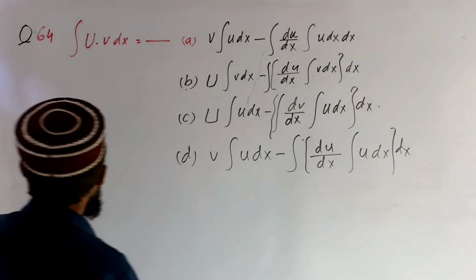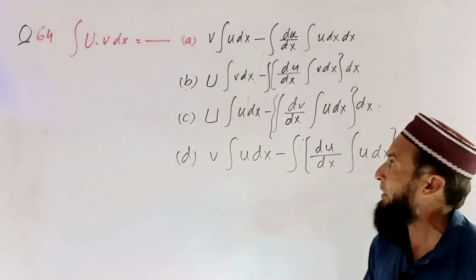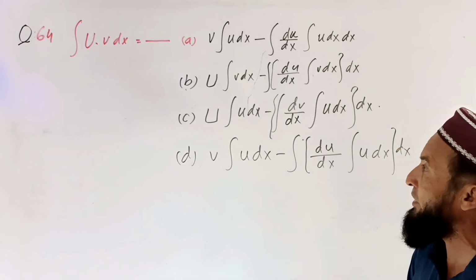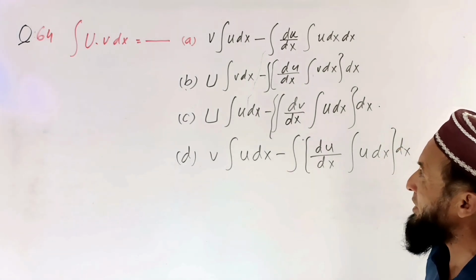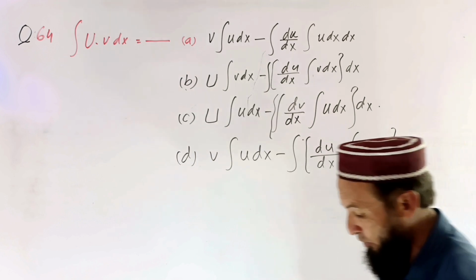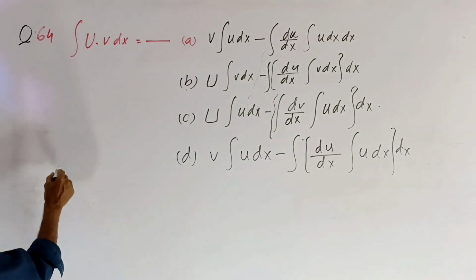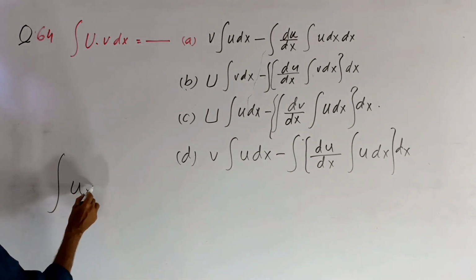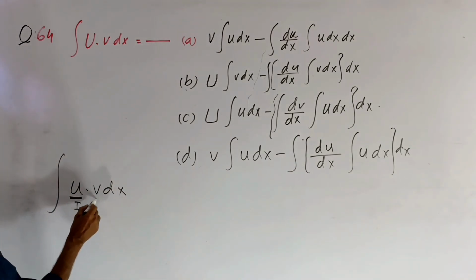Question number 64, integration of u times v with respect to x. So this is integration by parts. We know the formula for integration by parts. First of all, I write the formula here, integral of u v dx. That is considered the first function and this is considered the second function.